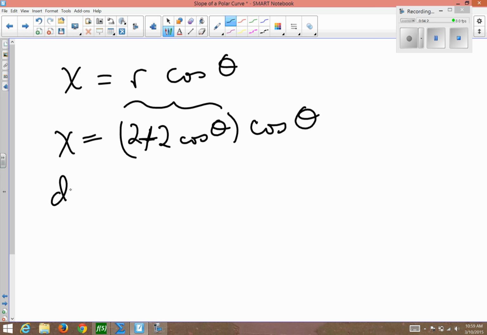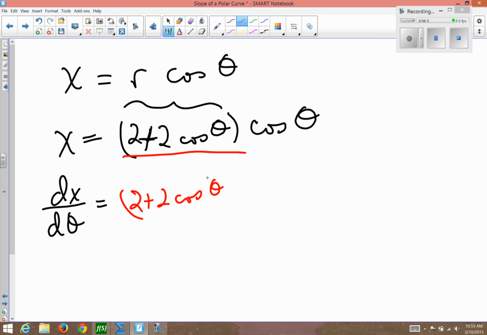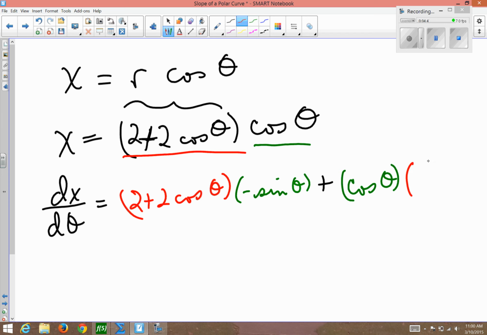That makes the derivative of x with respect to theta the first times the derivative of the second plus the second times the derivative of the first.